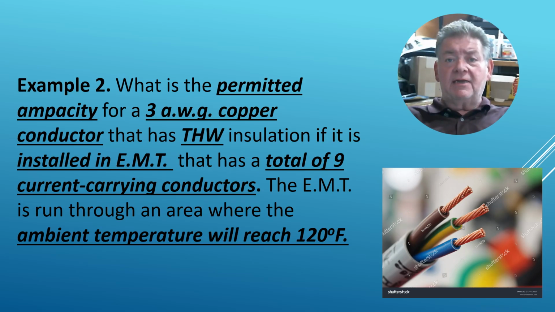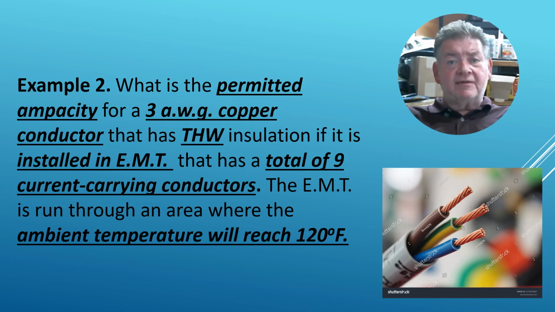Now again, keep in mind, the ampacities from table 310.16 are based on not more than 3 current carrying conductors. We have 9. The ampacities in table 310.16 are based on the wiring being installed in an area that has an ambient or surrounding air temperature of about 86 degrees Fahrenheit.